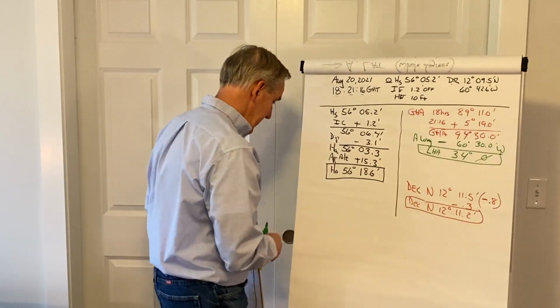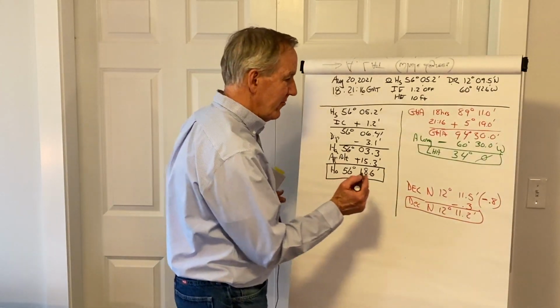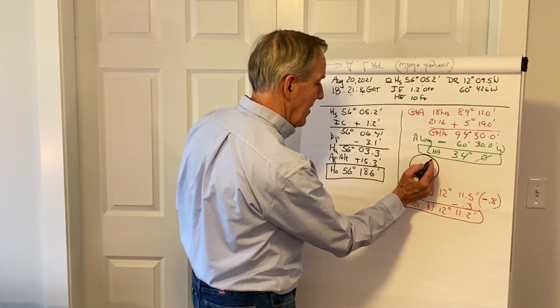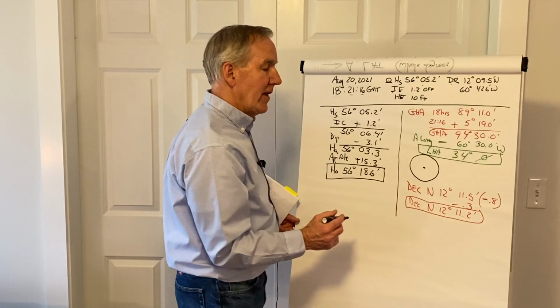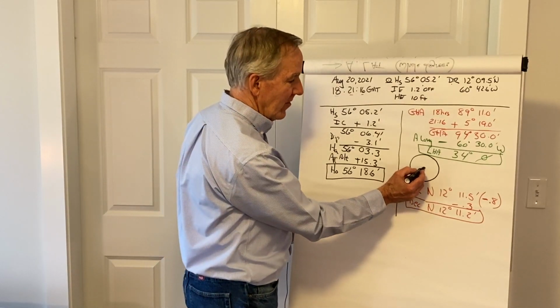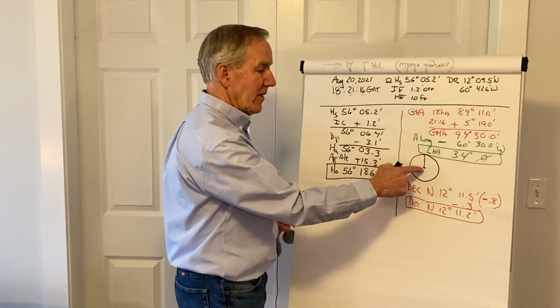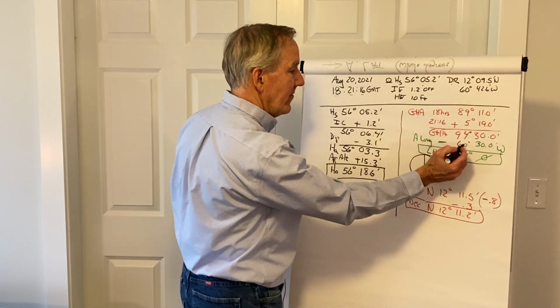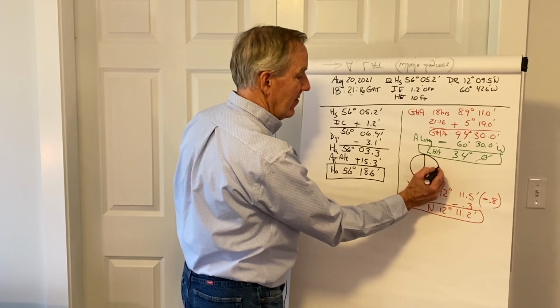Now, if we wanted to, we could just do a short little diagram here. Here's our LHA diagram, with this being the North Pole, this being the Greenwich Meridian, and here we are at 60 degrees over here.